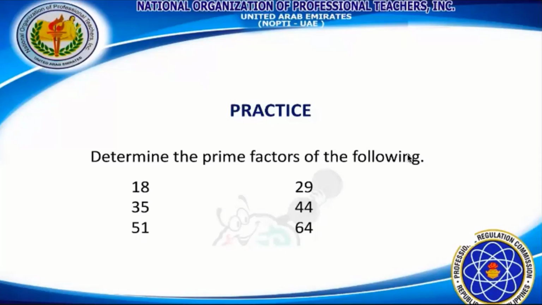Pero better, umpisahan mo sa lower number. So, 2 times 3 times 3. Okay? 2 times 3 times 3. Next, 35. 5 times 7.